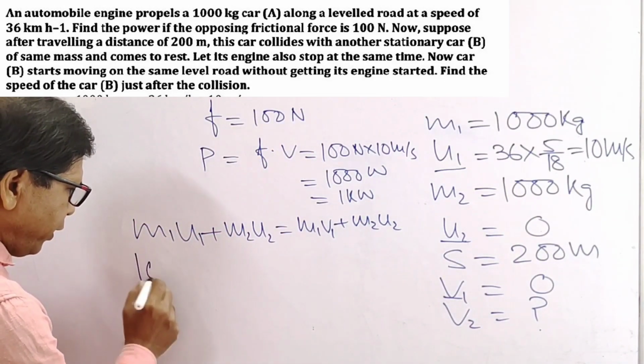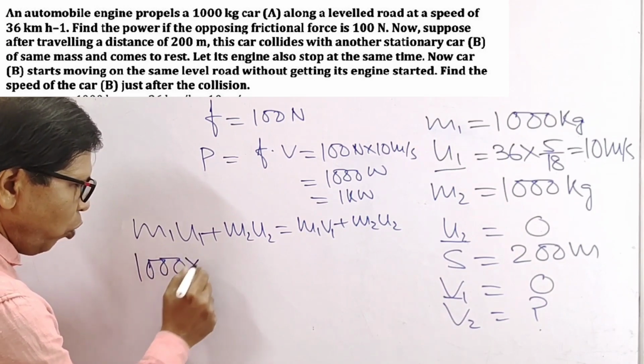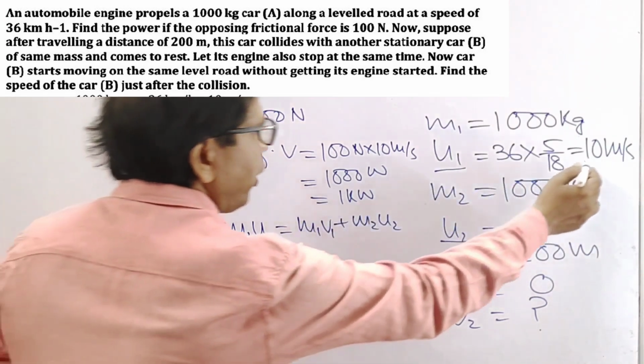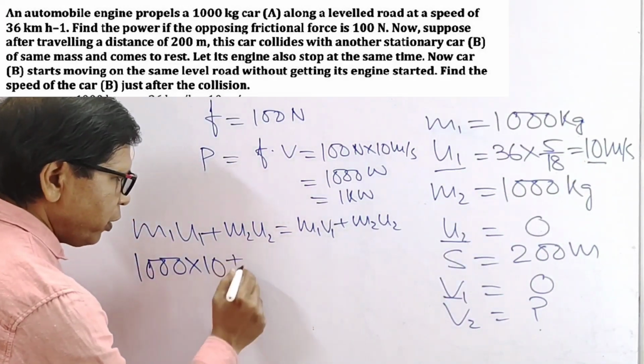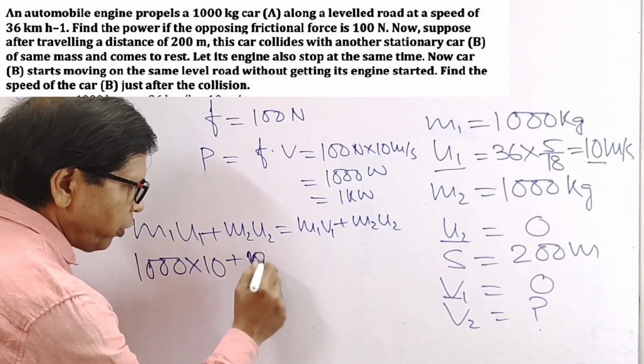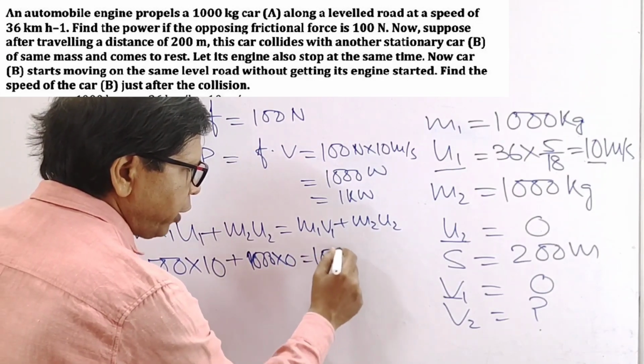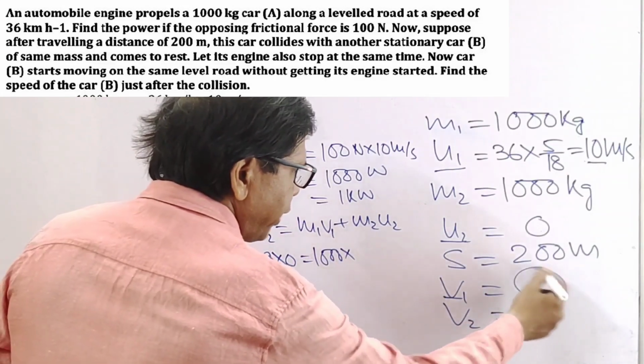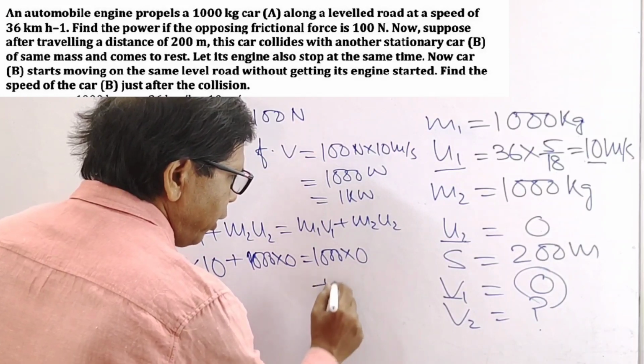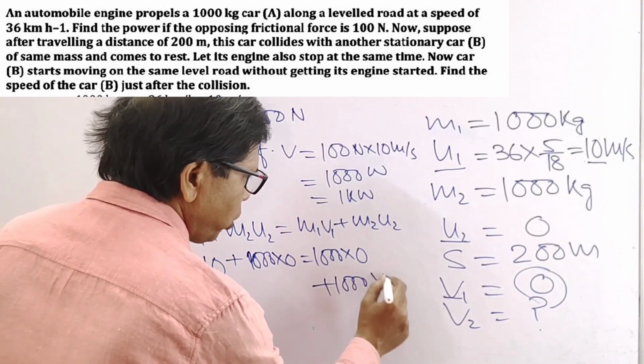Here m1 is 1000 kg, u1 is 10. Also m2 is 1000 kg into 0 equal to 1000 kg into v1, which is 0, plus 1000 into v2.